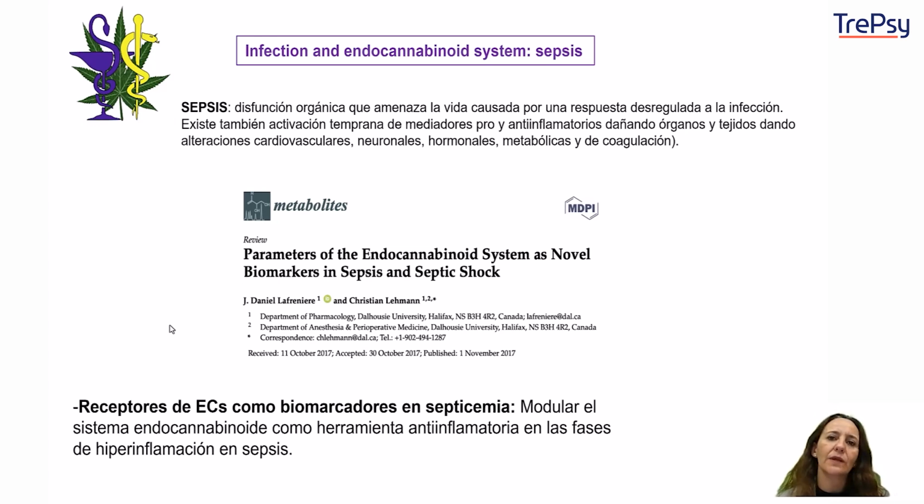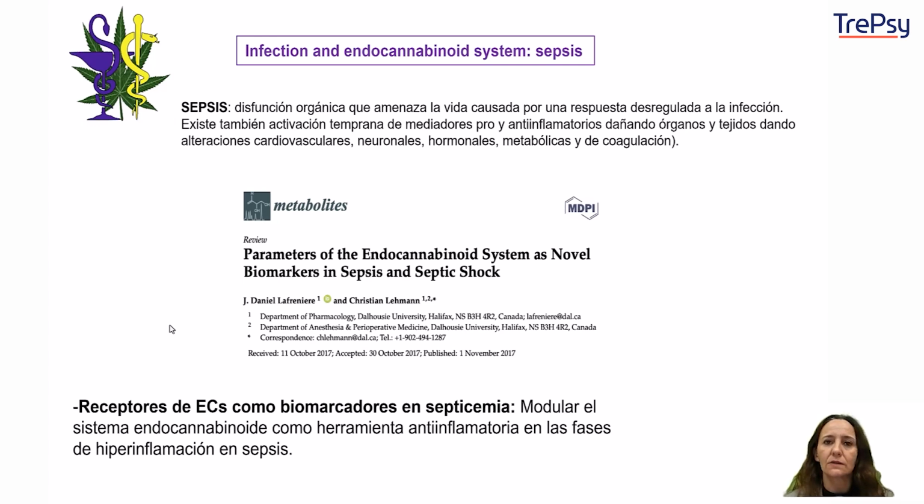But can we differentiate sepsis from another situation? Yes, we can modulate sepsis, like reducing the presence of bacteria with antibiotics, but this is a clinical decision.